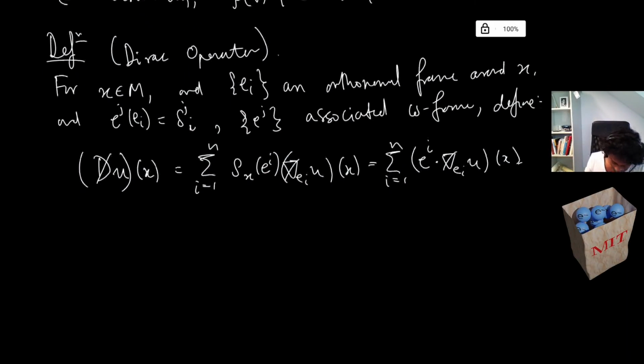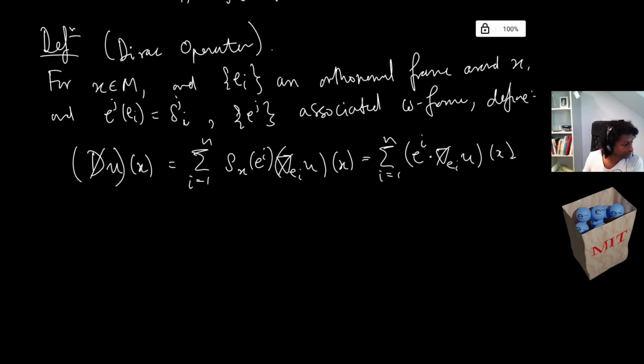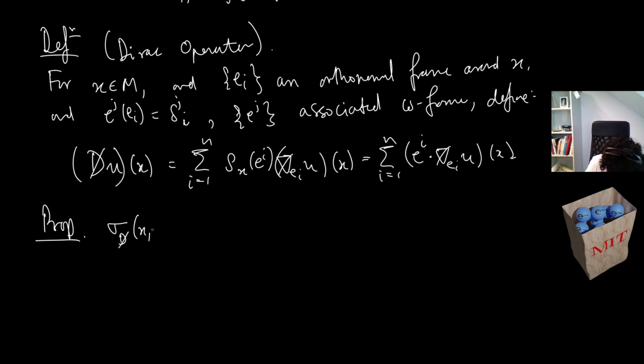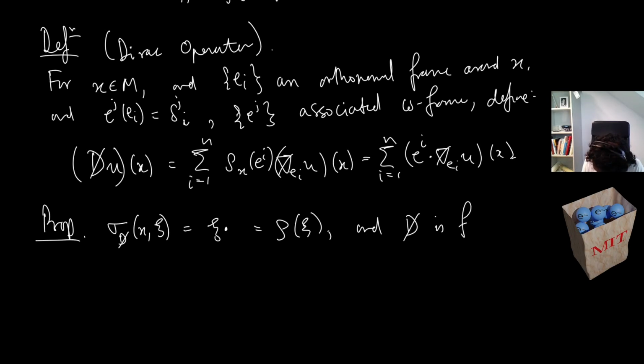Okay, so what kind of object is this Dirac operator? Proposition: the principal symbol is simply psi dot, so it's simply rho of psi, and D is formally self-adjoint.